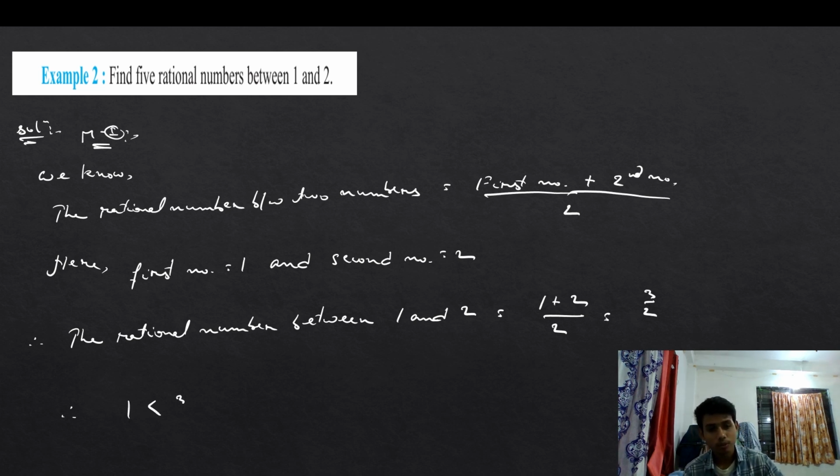Therefore 3 by 2 will come in between 1 and 2. Now we have got our first rational number that comes between 1 and 2. Now let's find the others in a similar way.